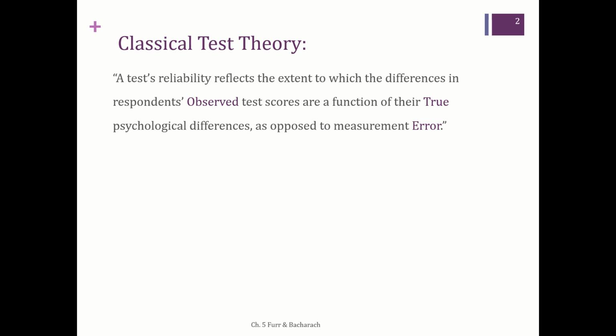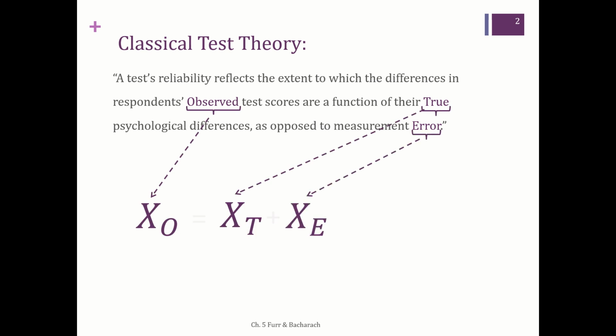This theory states that an individual's observed score is made up of 2 separate parts, the true score and some measurement error. So in mathematical formulas, the observed score X_O is equal to the true score X_T plus X_E.